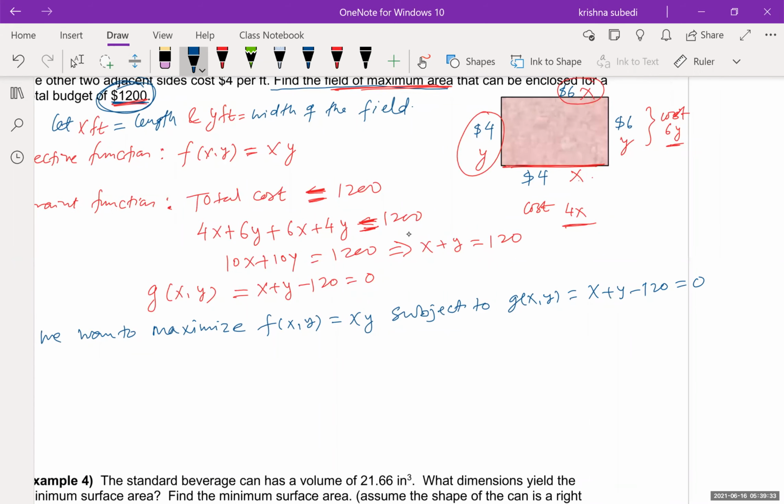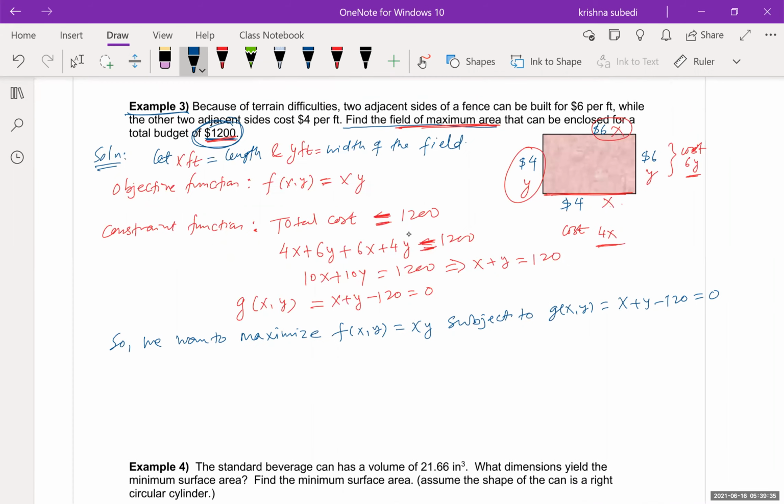Now step 1, create the Lagrangian function, which is given by F(x,y,lambda) equals f(x,y) minus lambda g(x,y). So which gives me xy minus lambda times (x plus y minus 120).